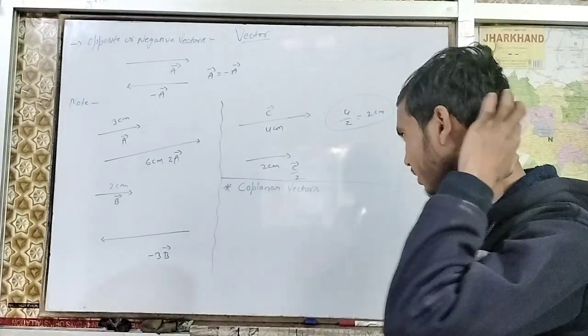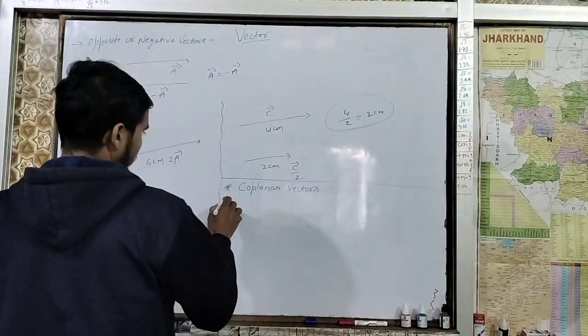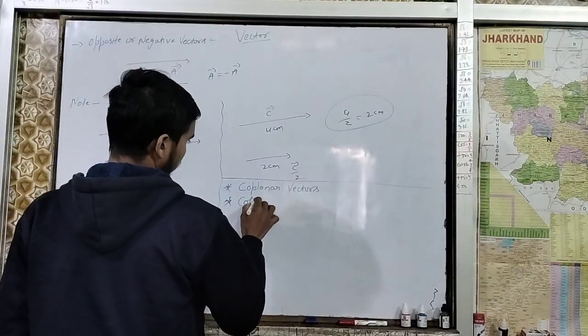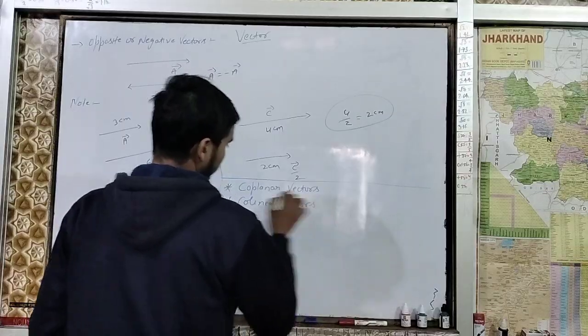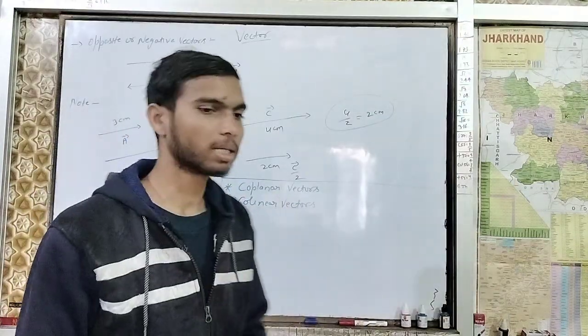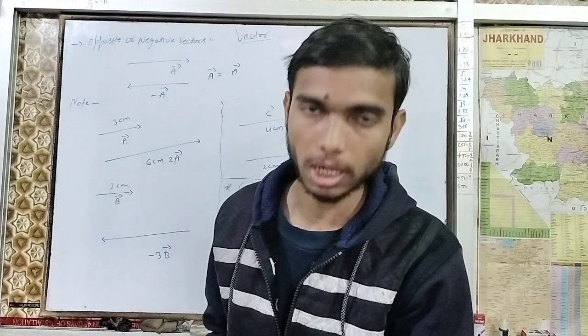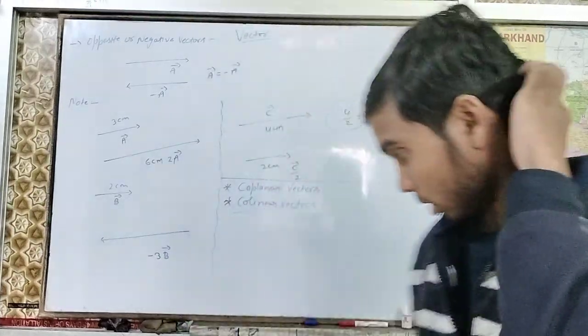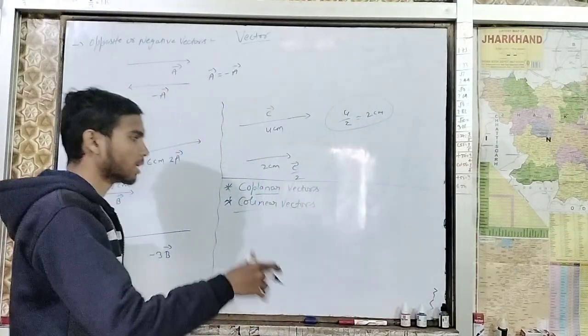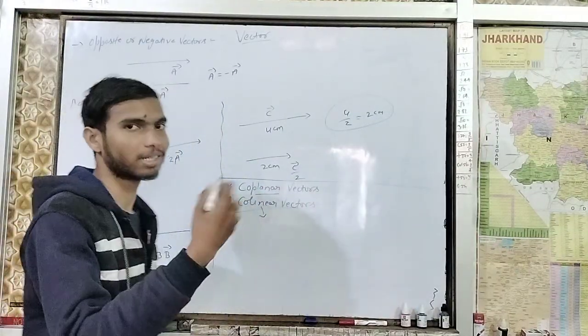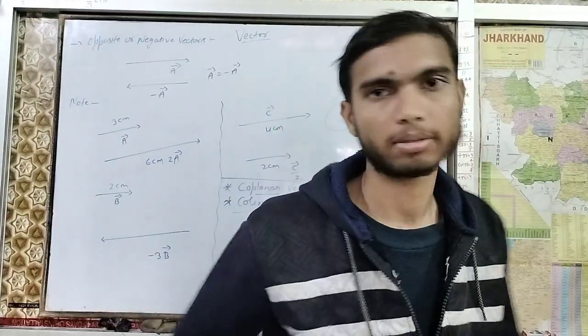Do you know collinear? Collinear vectors. Co means two or more. But planar meant plane, here linear means line, a straight line.